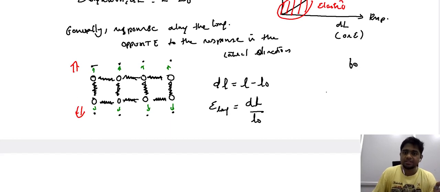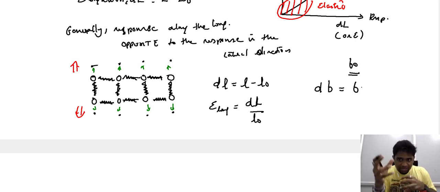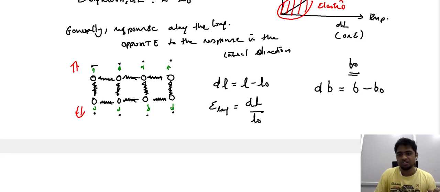In that case, the corresponding change in the dimension along the lateral direction can be expressed as dB, which is nothing but the change in the lateral direction in response to the load minus the original dimension. So in the case of elongation, we have taken the difference between the length in response to the load and the original dimension. The same we are doing for the lateral direction.